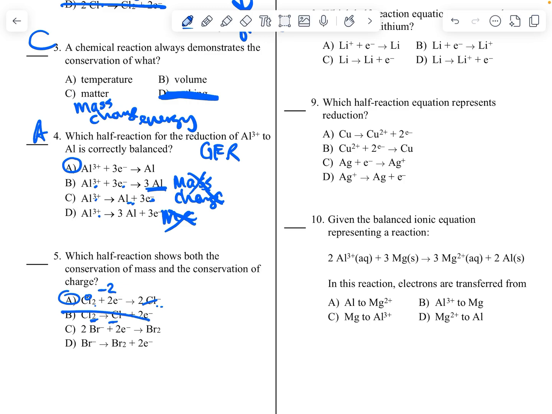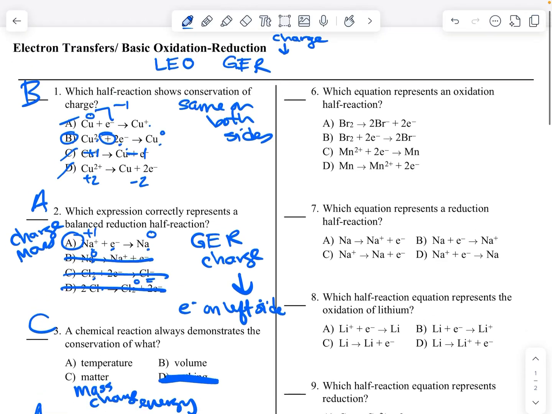In part C, we have 2 bromine, so this is -2 here, plus another -2, so that would be -4. And then we have just a 0 on this side because there's no charge. So mass is good, but not charge. And finally, in D, this is a -1, this is a -2, and also 1 bromine, 2 bromine, so that's wrong. So 5 is A also.